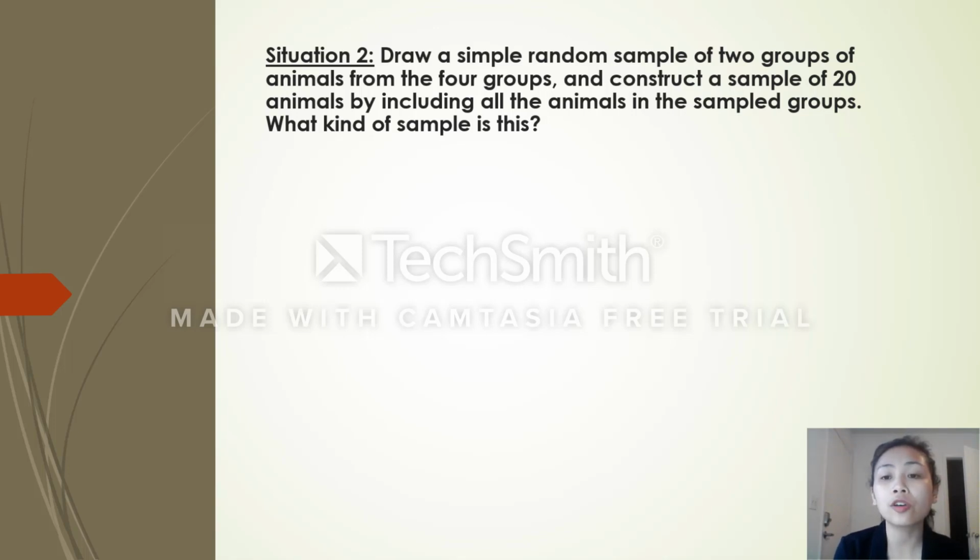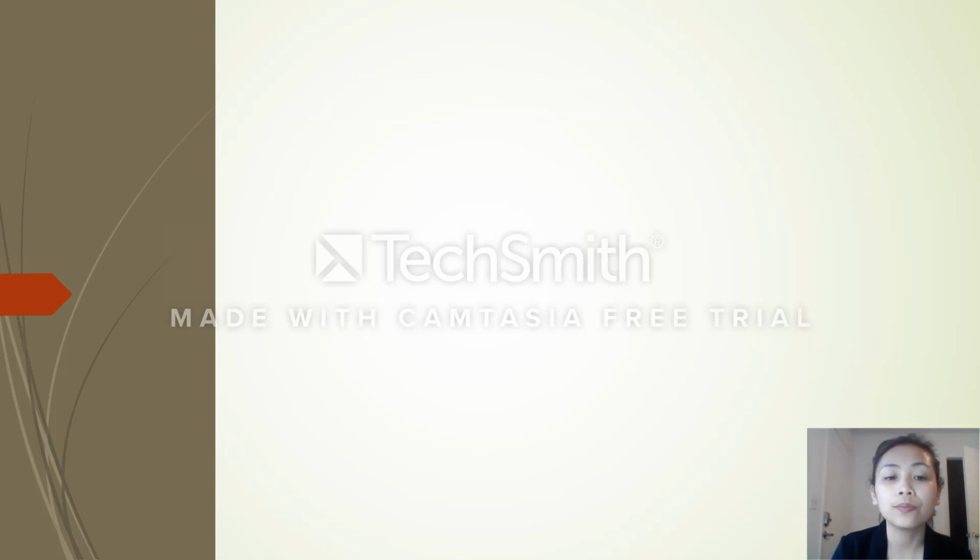And from each cluster selected, we will collect all of the animals from that cluster to make up a sample of 20 animals. So this is an example of cluster sampling. So cluster sample is the answer. Each group is a cluster.